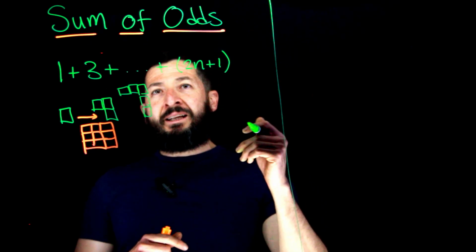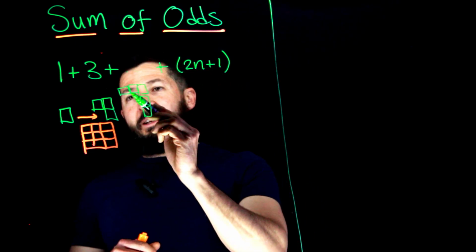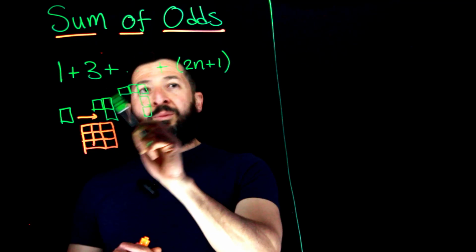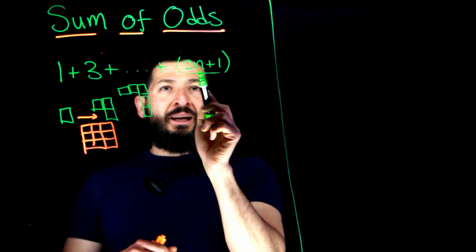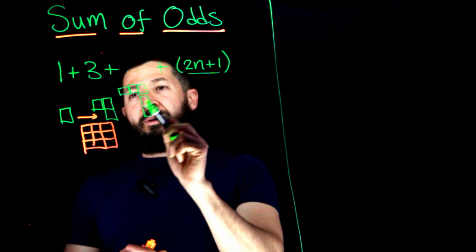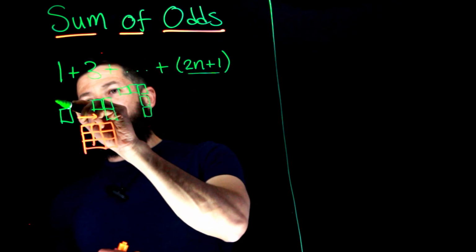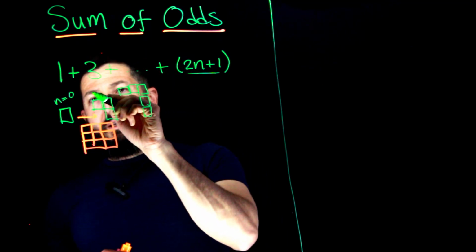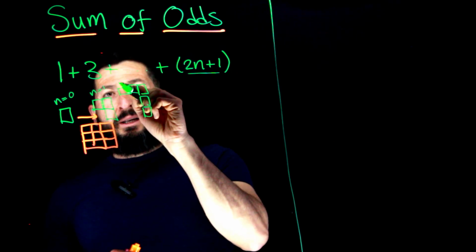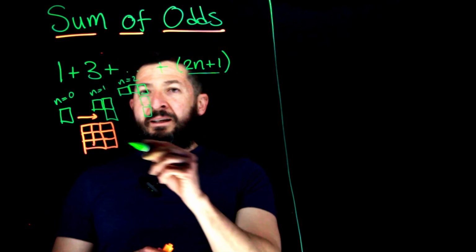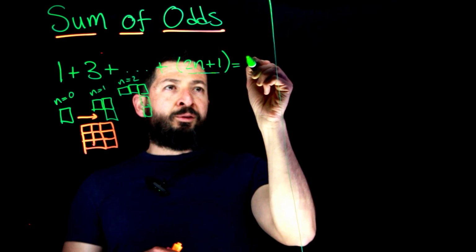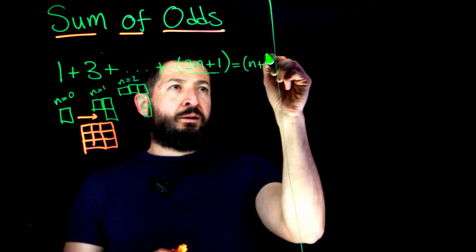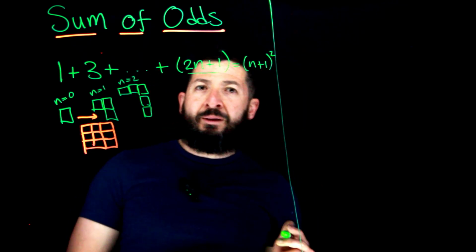And so the idea here is, in this case, n is 1, and I'm writing with this form, by the way, n equals 0, n equals 1, n equals 2, and this is going to be equal to n plus 1 squared. That's what we claim.